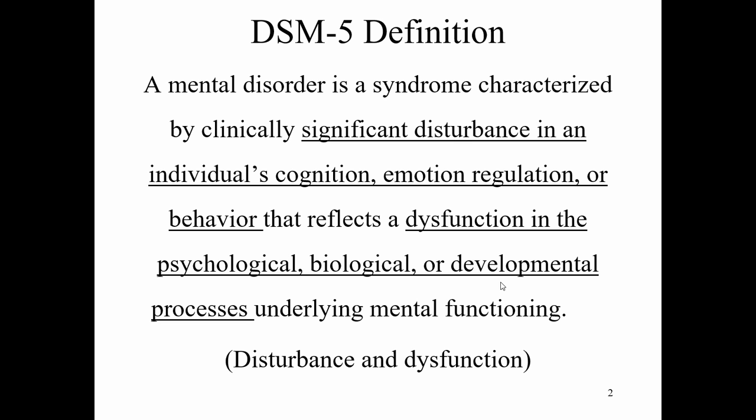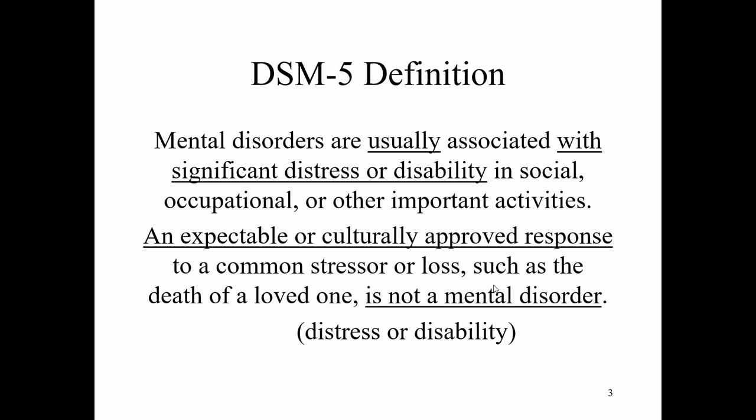Okay, so we have in this portion of the definition that there's a significant disturbance in one of these three areas, and that this represents a dysfunction in one of the three areas mentioned there. Going on, DSM says mental disorders are usually associated with significant distress or disability in social, occupational, or other important activities.